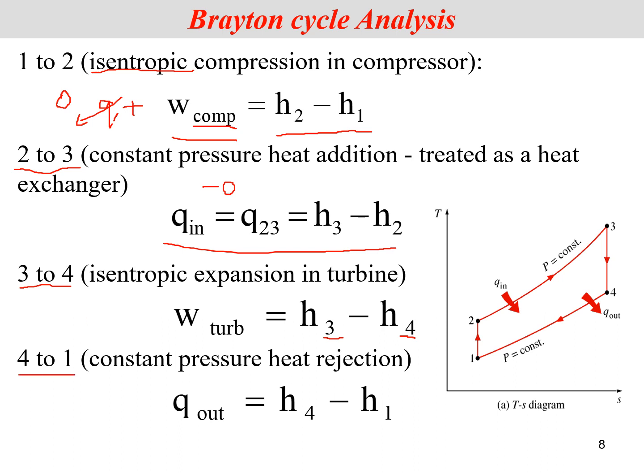Similarly, in the last one, again heat rejection, Q is equal to delta H, but this Q comes out to be negative. When you write this Q out, then you can say Q out is equal to minus delta H. This is minus delta H because 1 is after 4.